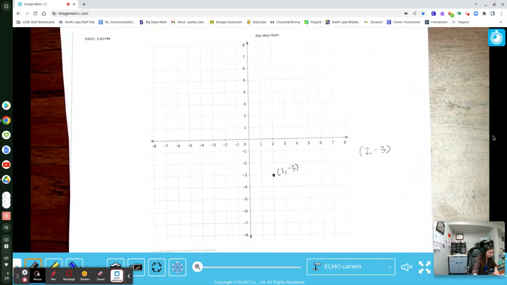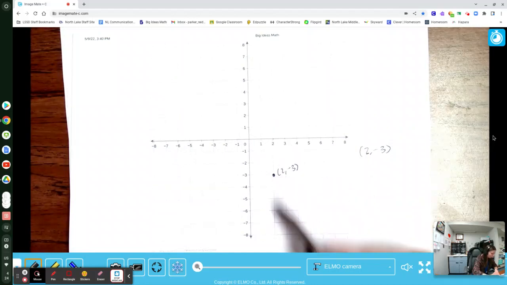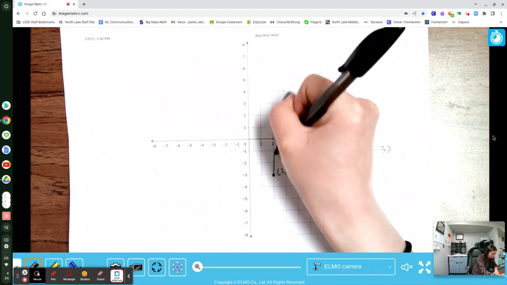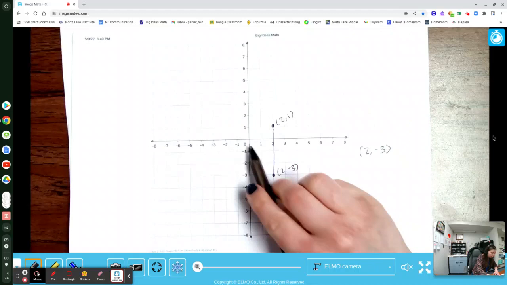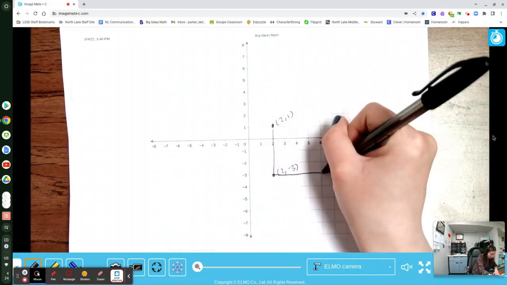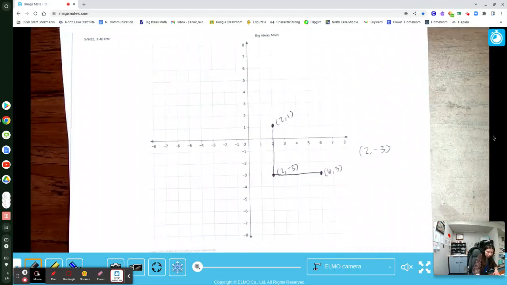And then I'm going to graph 4 points that are 4 units away from this. So I'm going to do one up 4 units, to the right 4 units, down 4 units, to the left 4 units. So if I go up 4, 1, 2, 3, 4, that would be there at 2, 1, over 2, up 1. And then this way to the right, 1, 2, 3, 4, right there, that's at 6, negative 3, right 6, down 3.